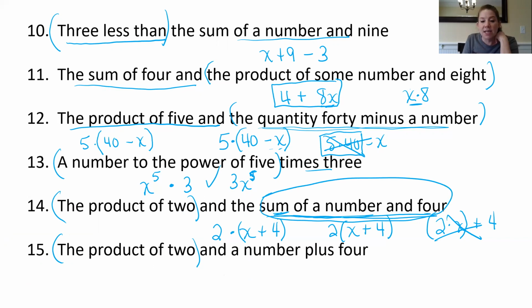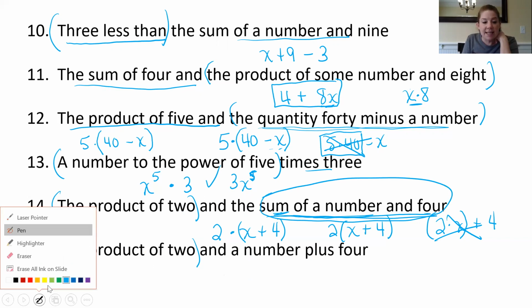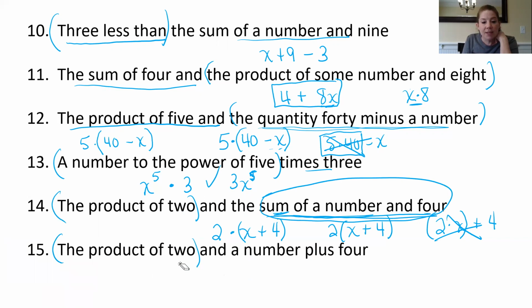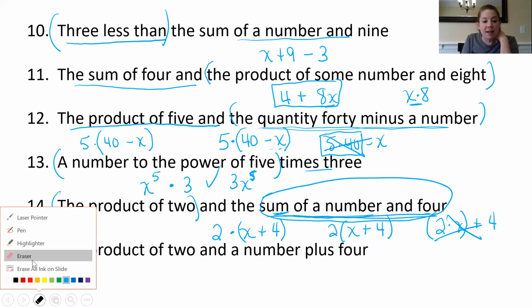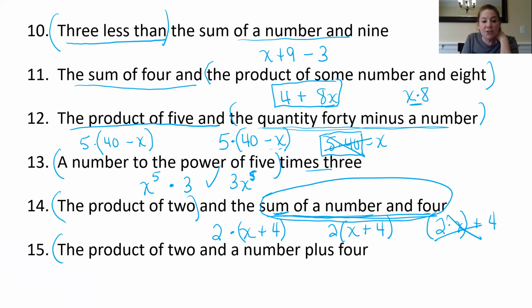That's why we have to keep those together. But this doesn't say that. It says the product of 2 and a number plus 4. The product of 2 and a number, the product of 2 and a number plus 4. So now that is correct. So they were different. The sum of kept this part together, but here I didn't see sum of down here. So that was really close, but they are actually 2 different answers.